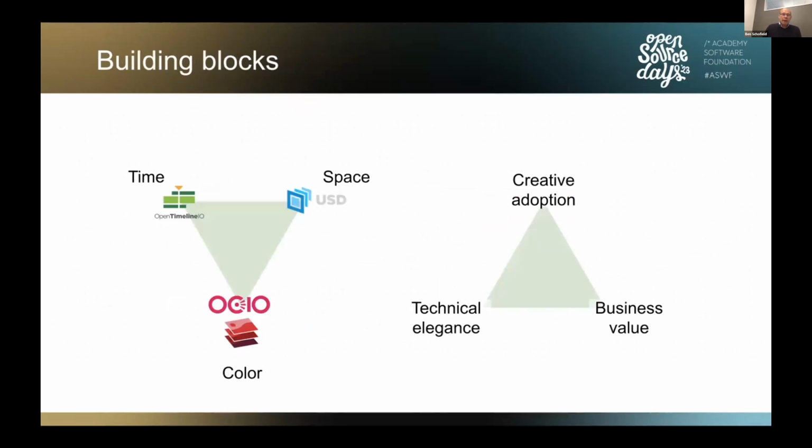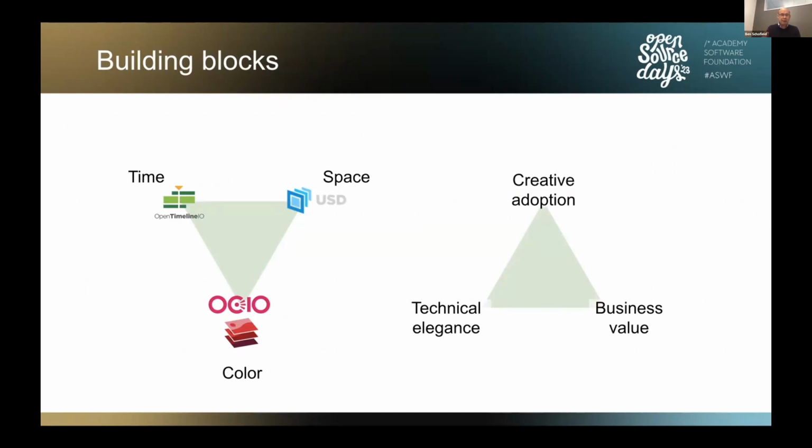So, I guess in conclusion, I think we've got some building blocks here. I've talked about time, space, and color, and I think OpenTimeline is starting to coalesce as being the way that you exchange pieces of content in a timeline. And there are other efforts. There are different pieces of the industry where these things are going to be taking place.